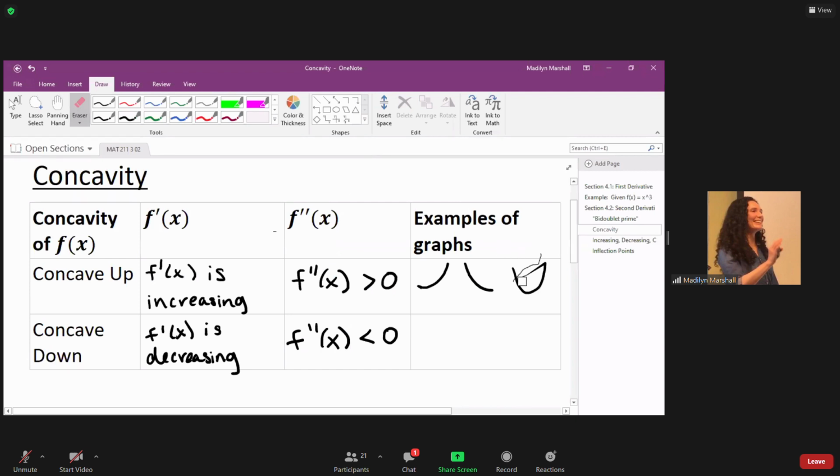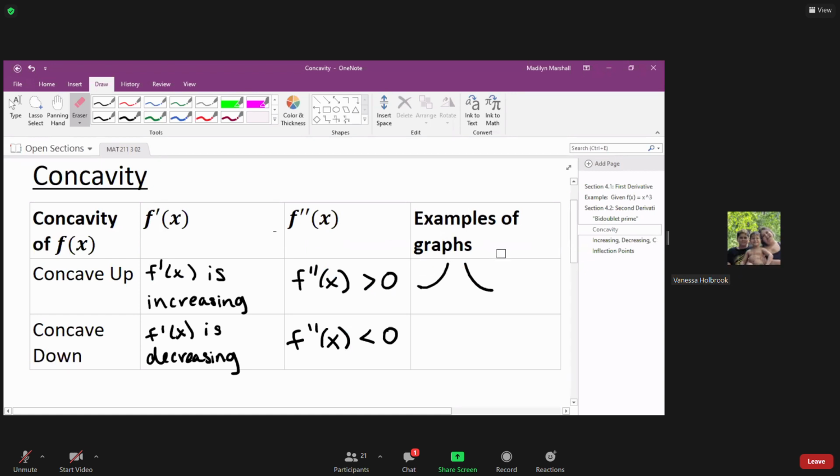So the concavity is based on whether the opening of the curve is going up. It doesn't actually matter if it's opening to the right or to the left. It's whether it's up.